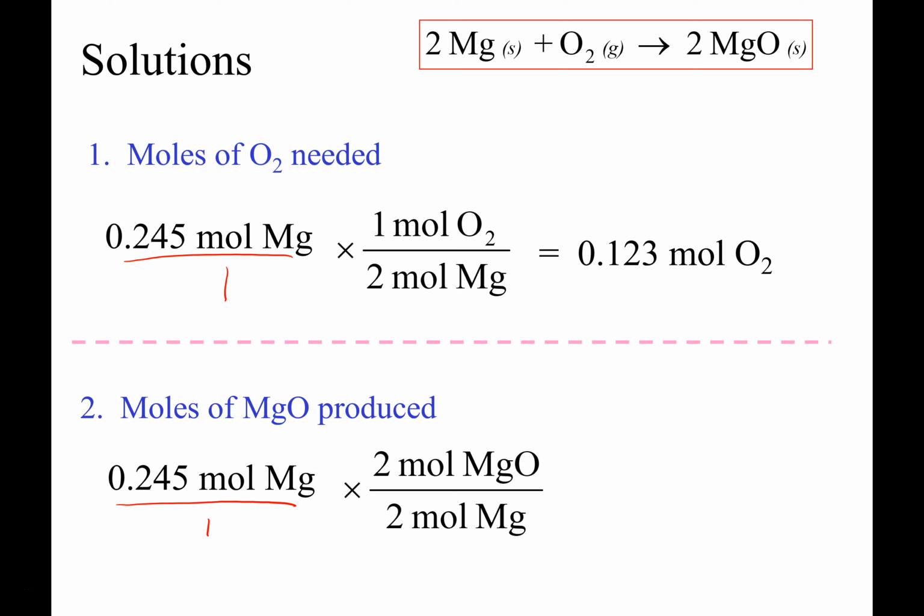Sometimes I'll have students that don't want to put the 2, they want to put the 1 to 1. And I think that's fine. I think it could really confuse you down the road, but that's fine. So moles of magnesium will cancel. We're left with moles of magnesium oxide. Again, 3 significant figures. I can do the math there. So no calculator required. 0.245 moles of magnesium oxide.